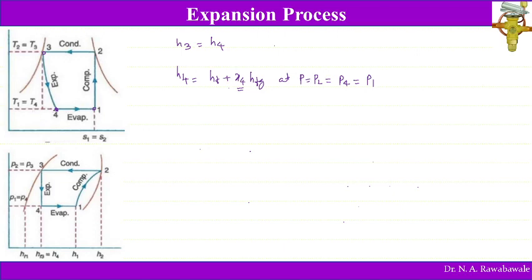So T4 is equal to T1, because this is a constant pressure as well as constant temperature process. The expansion process on the pH diagram is shown here, 3 to 4.